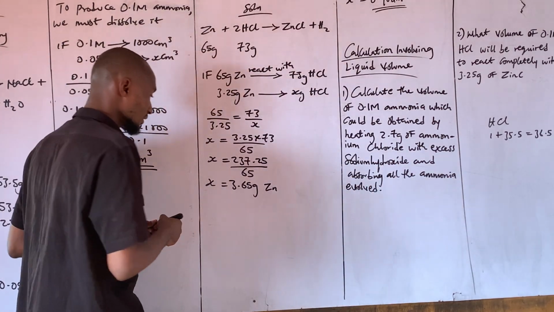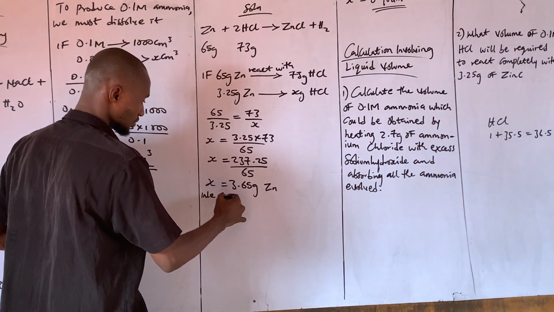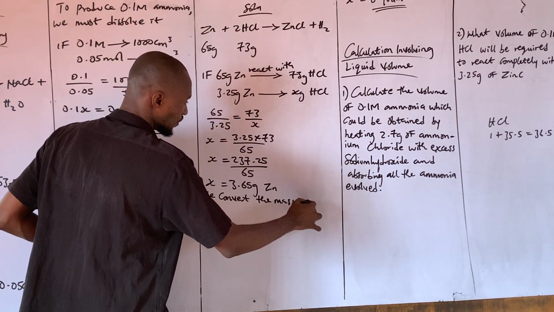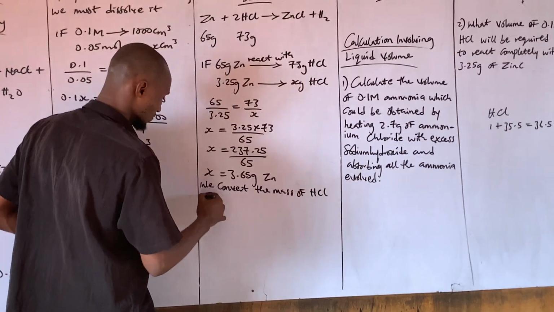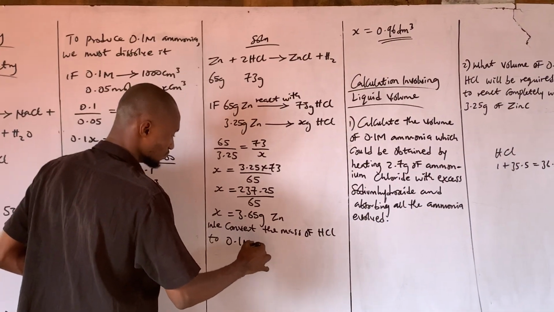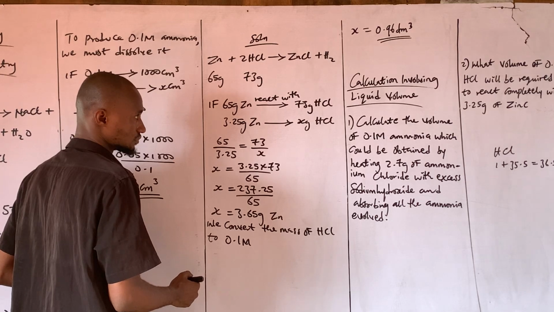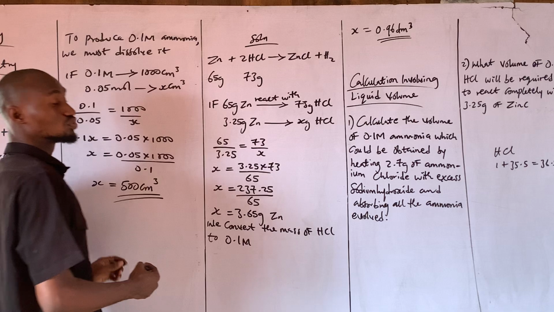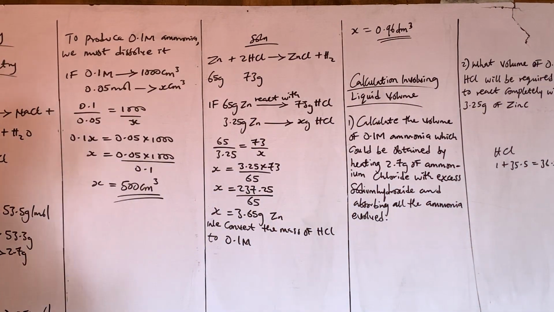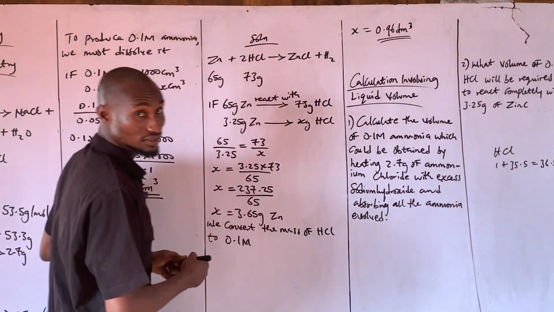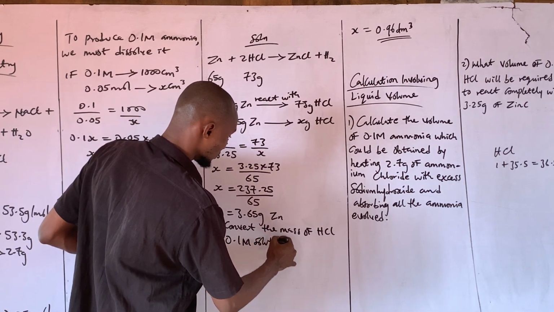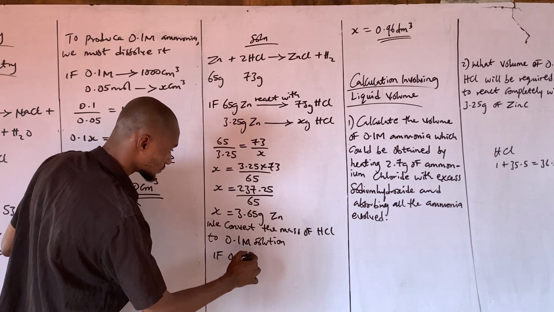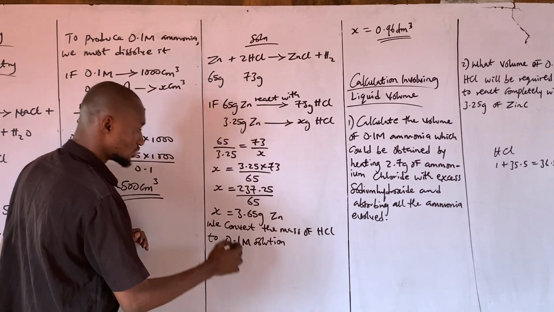Now we need to convert the mass of HCl to 0.1 mole solution. Is that correct? Yes, sir. Now what are we going to do? We say if 0.1 mole solution.